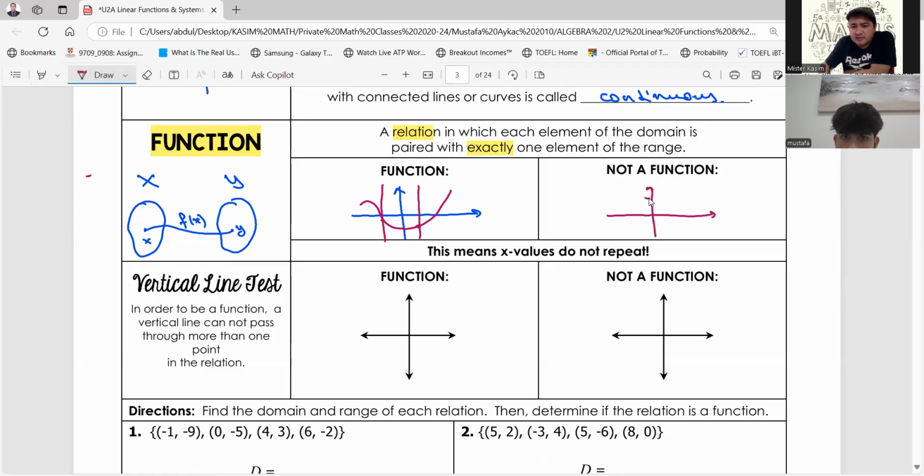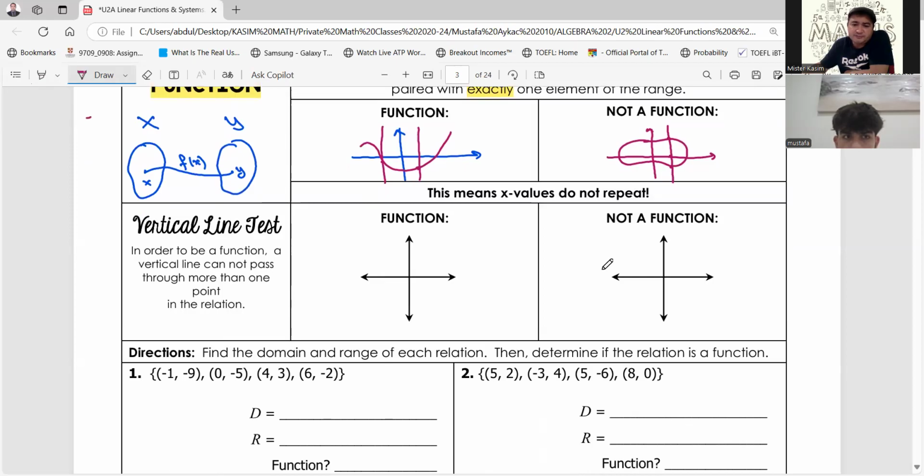Now, if I draw one vertical line, the x value here is producing 2 different values. That's why it's not a graph of a function, or this graph does not specify a function. So in a function, x values do not repeat.